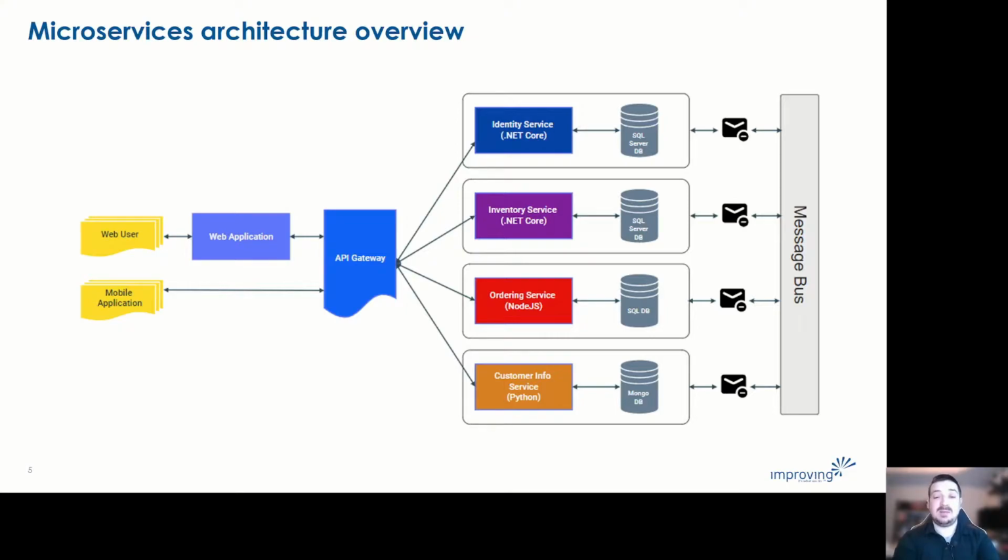So if you've got teams in charge of a certain piece that are really versed in Node.js, they can write it in that. Or if you've got some .NET developers, we'll write a service in .NET. Similarly for backend data stores and databases, sometimes you have services that really need a relational data store like SQL Server, but you've got other services that maybe work better with a NoSQL database like MongoDB.